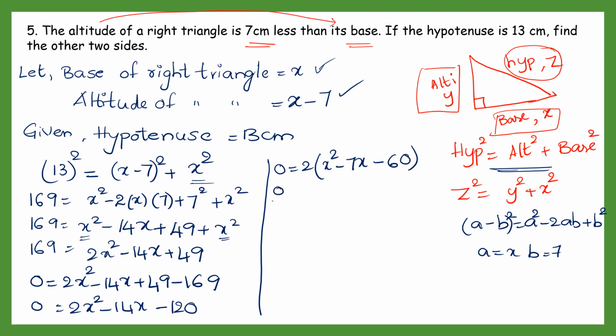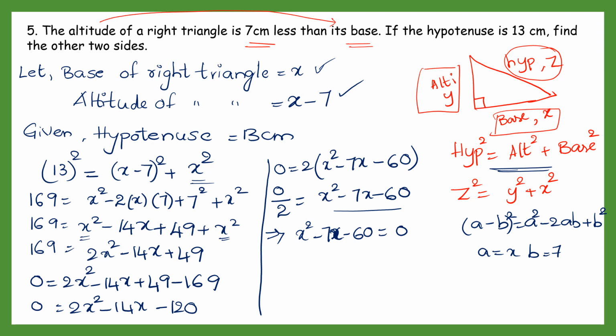If 2 comes to the left side, you will get x square minus 7x minus 60. If we interchange the terms from left side to right side, 0 by 2 is what? 0.